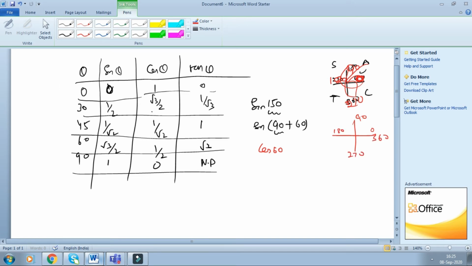Now 90 plus theta is definitely in the second quadrant, or otherwise you can see that 150 always lies between 90 and 180, so it is in the second quadrant. In the second quadrant, as we know, sine and cosec are positive, and it is sine, so the result must be positive. So our answer would be cos 60, that is 1 by 2.